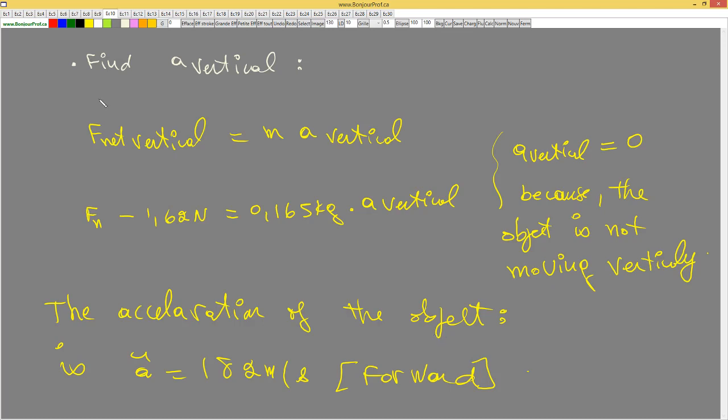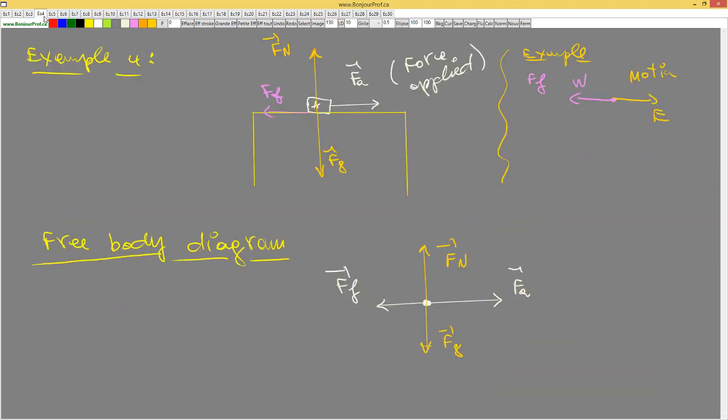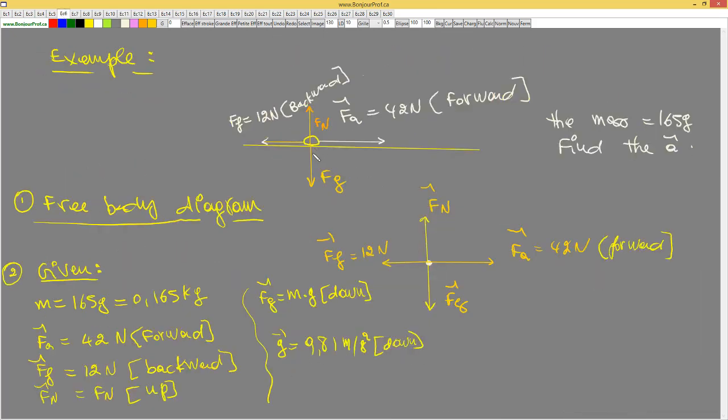Vertical. If it doesn't move vertically, that's why you have to look at your situation. In my situation here, the situation tells me that it will be 0. The object is moving forward or backward. It is not moving up and down. So vertically it will be 0.